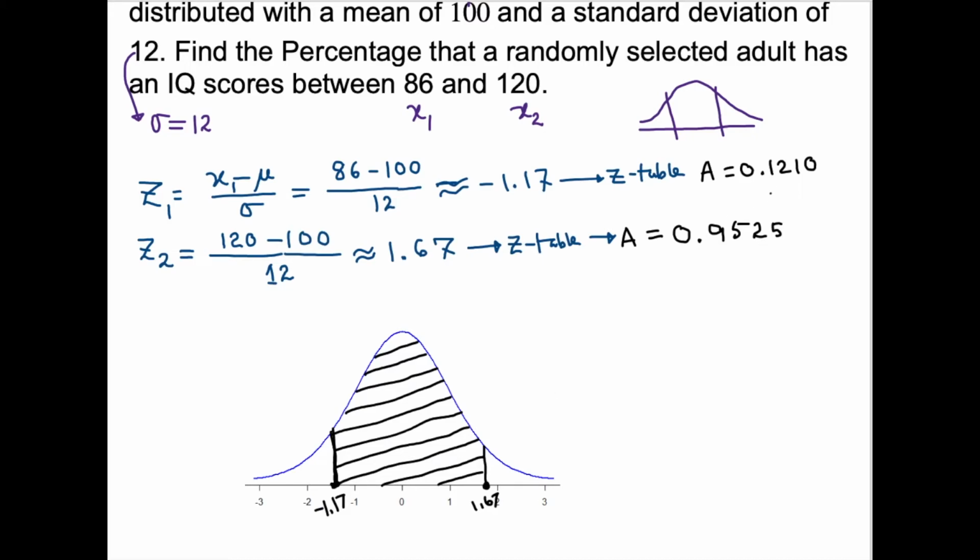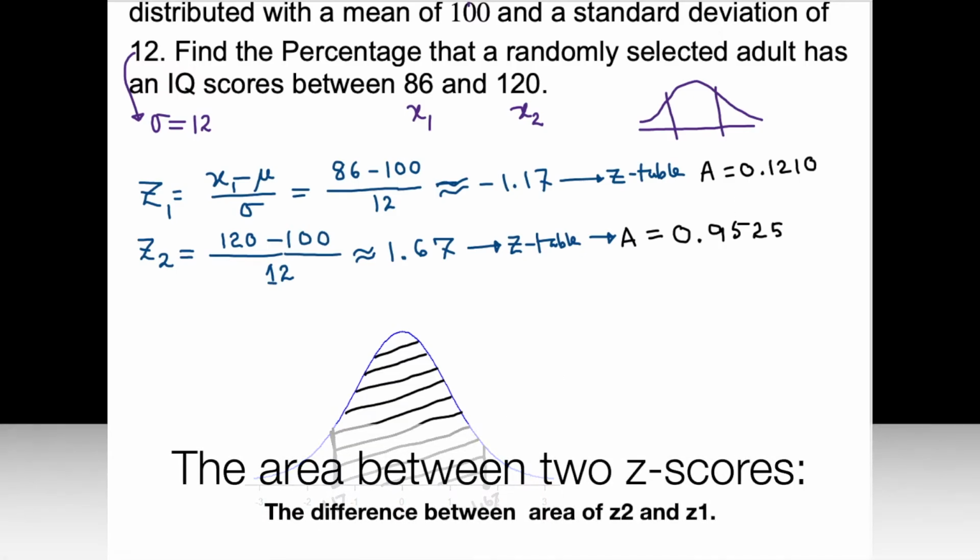But there is another little area up there also. Since there are two areas, we subtract and take the difference between them. Usually the bigger one first. The formula is area of z2 minus area of z1.